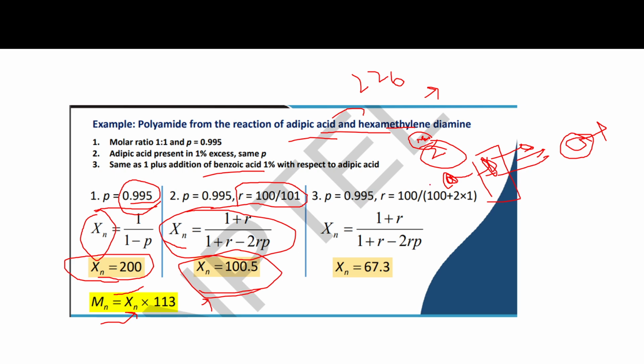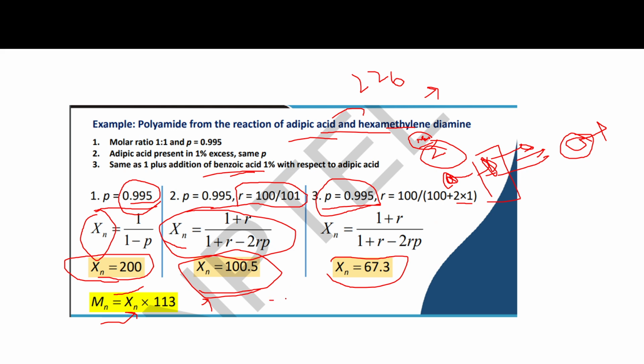If we add some monofunctional impurity, such as an acid, we are increasing the acid concentration. The conversion is similar, 99.5, but because you are adding the monofunctional impurity, you are losing molecular weight. Now the degree of polymerization is more reduced, around 67.3.